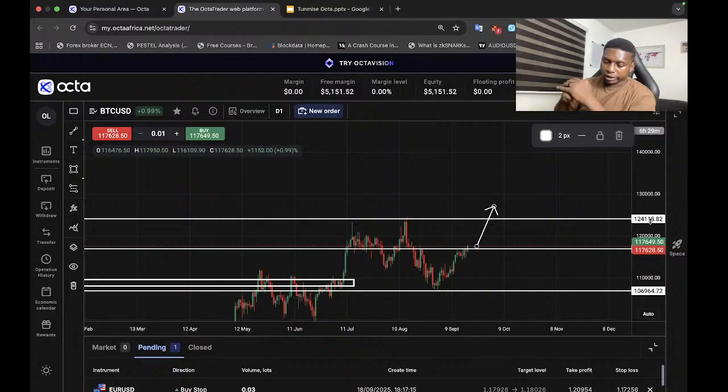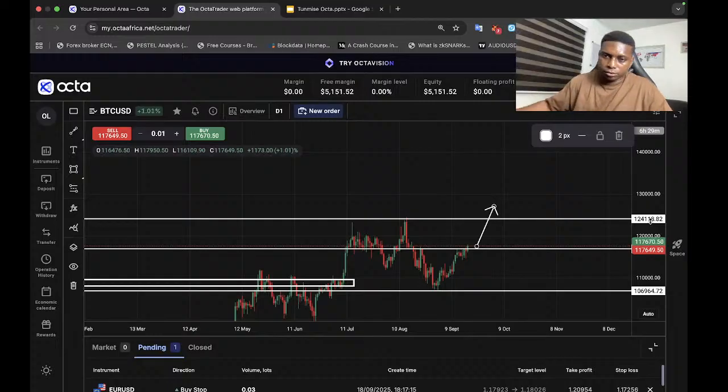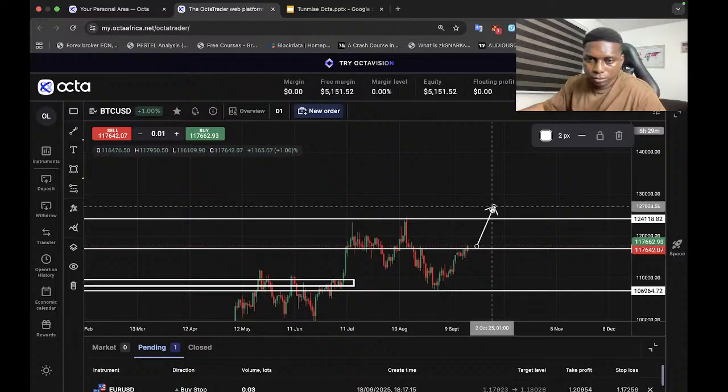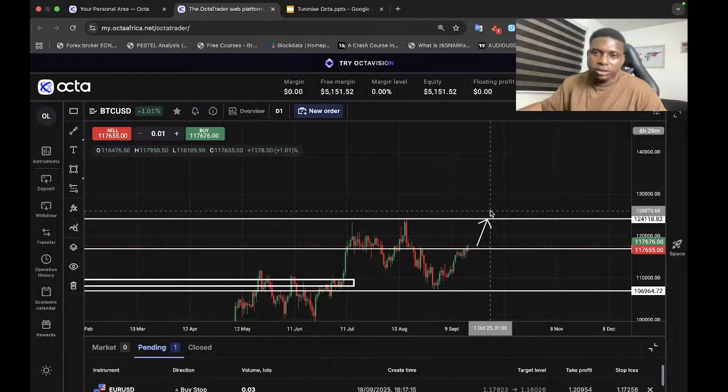There is a potential upside from 117 to 122. For intraday traders, this can be a short.